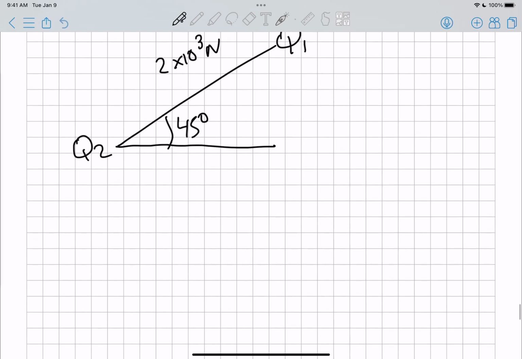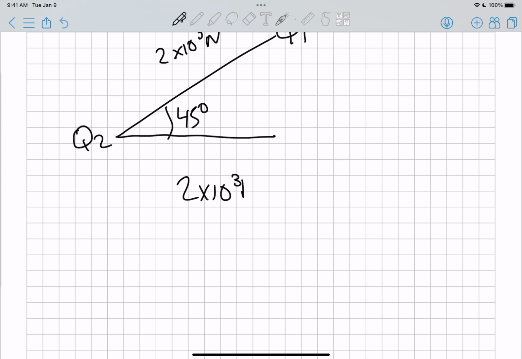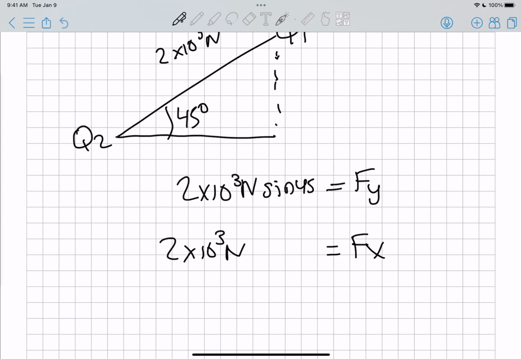Then you could do 2 times 10 to the 3 newtons times sine 45, and that would give you the y component. So that would be Fy, and this would be Fx, so it would be 2 times 10 to the 3 newtons times cosine 45.